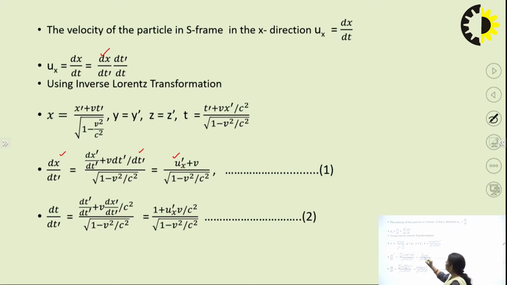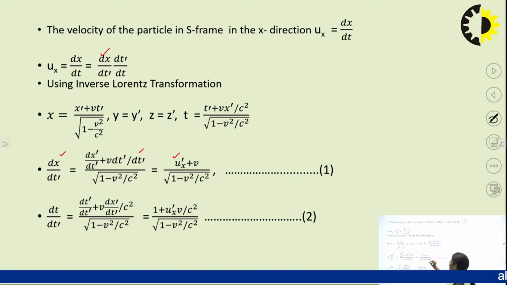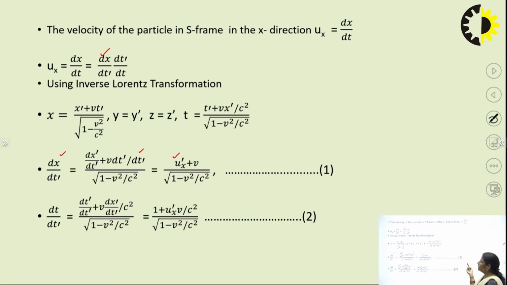So that is why ux dash plus v, because this dt dash by dt dash will be equal to 1. So plus v, and again this part remains as it is. So this is how we get our first equation, where dx by dt dash is equal to ux dash plus v upon 1 minus v square by c square square root.